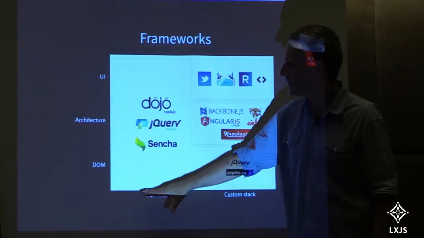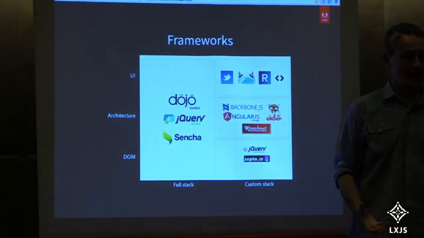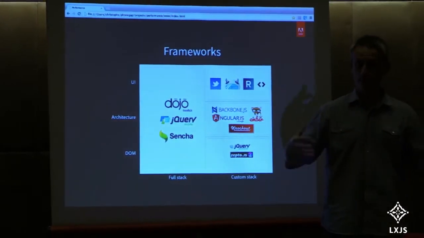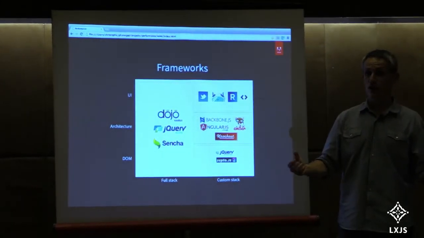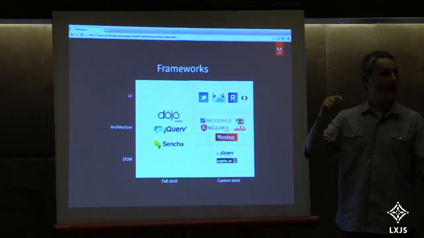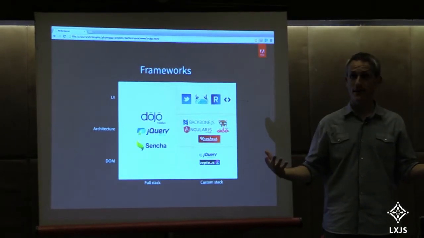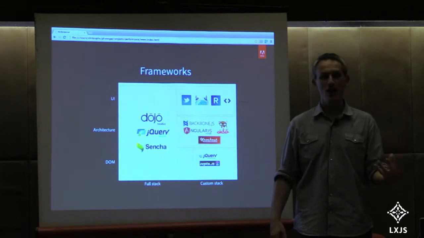So when you embrace jQuery Mobile, you really embrace the full stack. Even more with Sencha, because it's bigger and probably more opinionated. Okay? Now, if you like their UI and you like their architecture, then maybe that's a good solution for you. But at least you need to understand that.